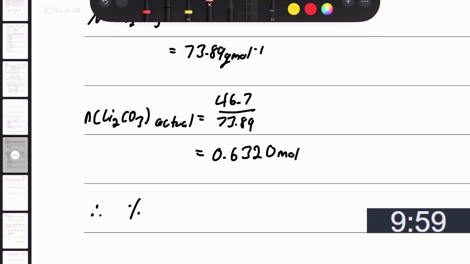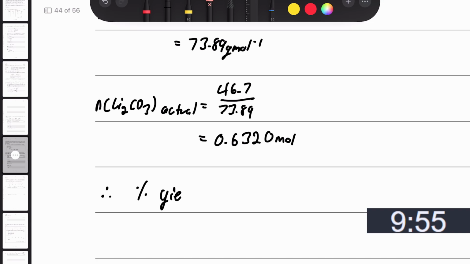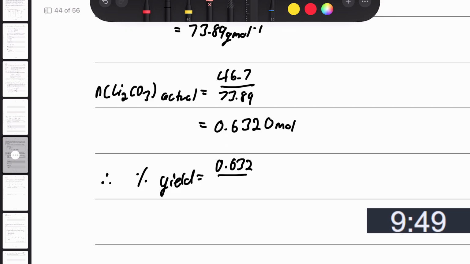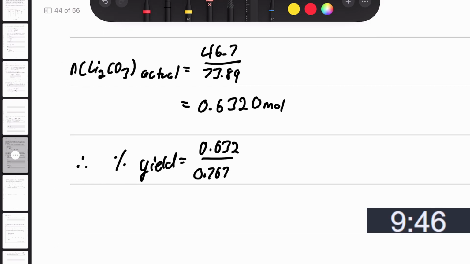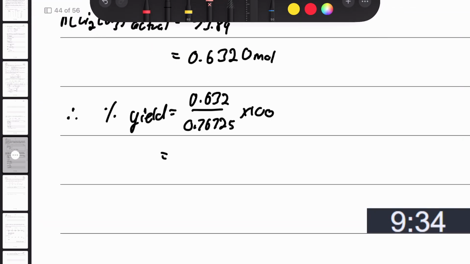And for percentage yield, equal to 0.632 all over 0.76725 times 100, which is 82.4%.